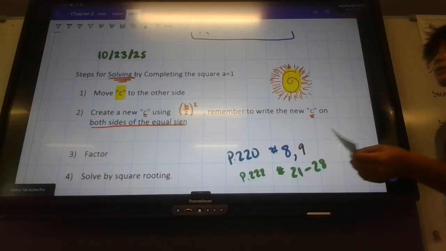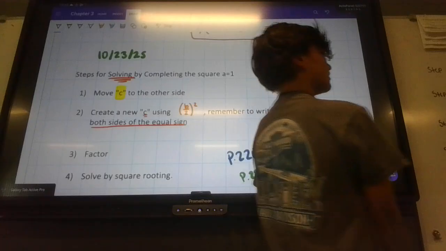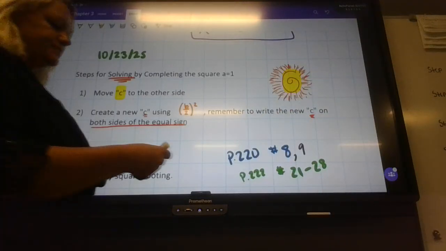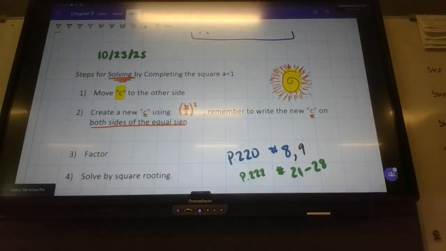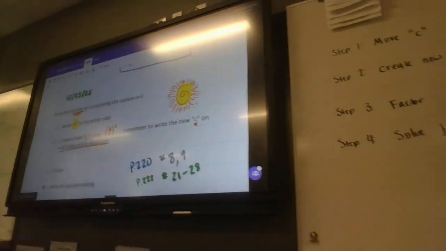All right, I'm going to do number 8 on the board. First up, I want to highlight, is there anything that if I did the X factor method would work?